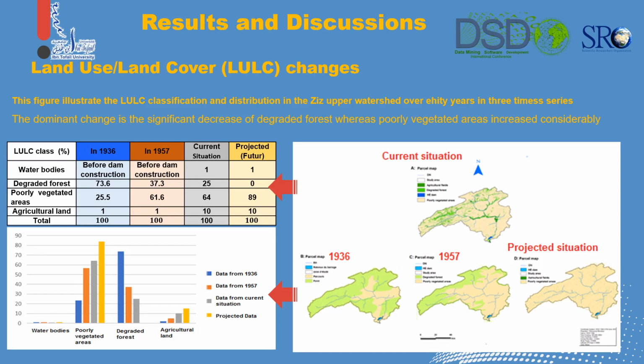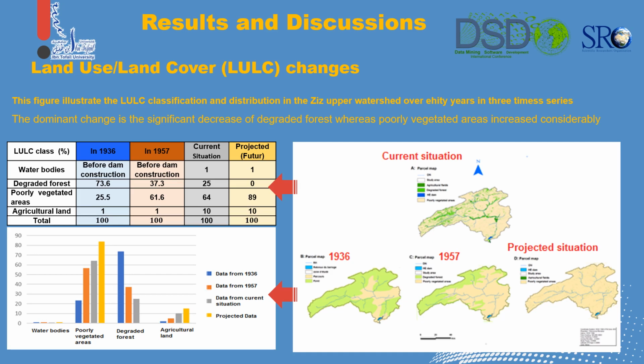To assess the effect of land use land cover changes on soil erosion and sediment yield in this upper watershed, we reproduced three situations: the first in 1936, the second in 1957, and we compared the results with the current situation.